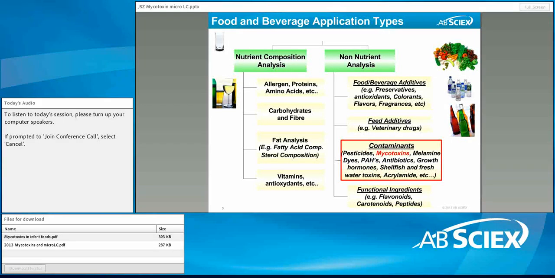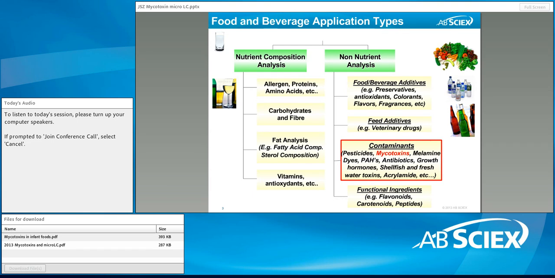When we talk about application types in the food and beverage area, normally we can divide them roughly into two parts. The first one is nutrient composition analysis. In this part, normally we're analyzing, for example, amino acids, vitamins, fatty acids, or proteins in the food composition.